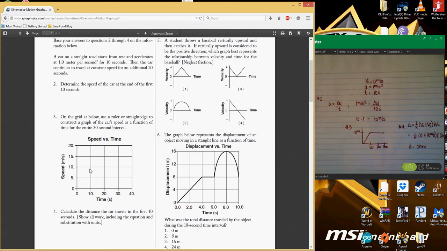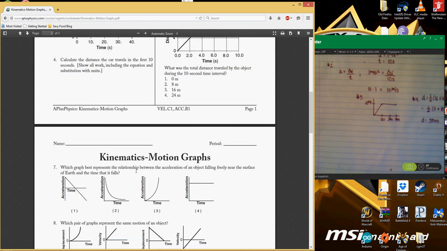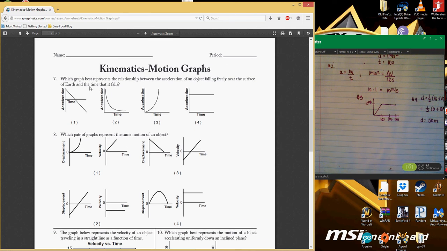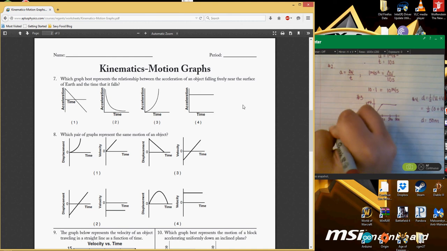So my initial velocity I know is 0, my final velocity I know is 10 meters per second, and my change in time is 10 seconds. So I really have half times 10 times 10, which means I'm going to have a total of 50 meters. And that's the total distance traveled in that 10 seconds.